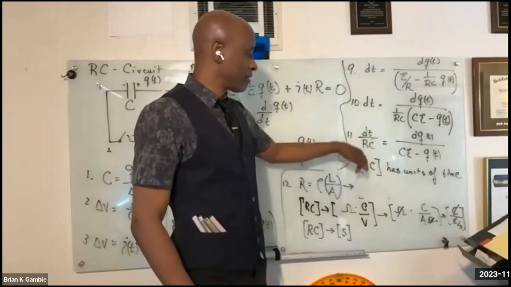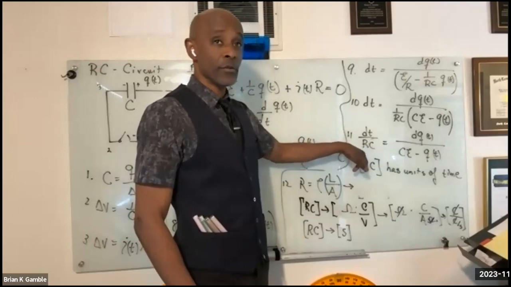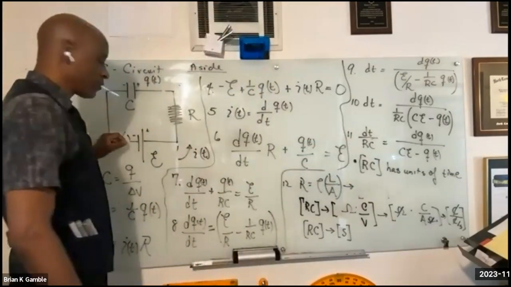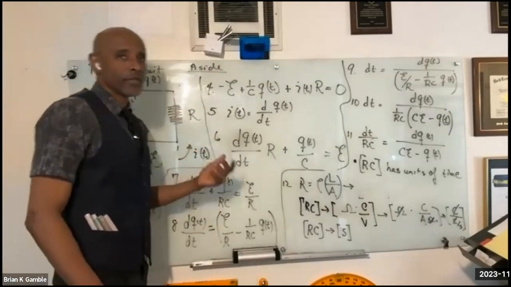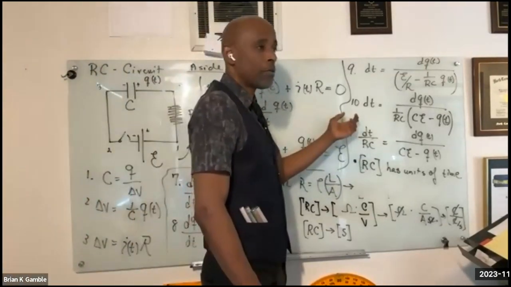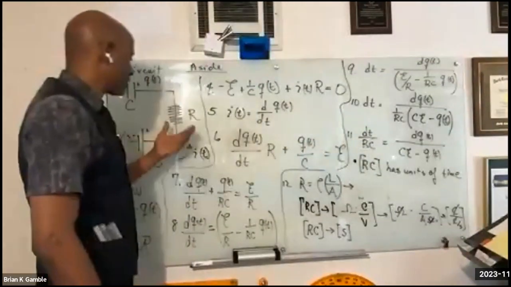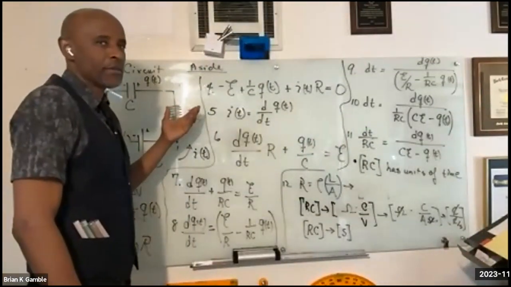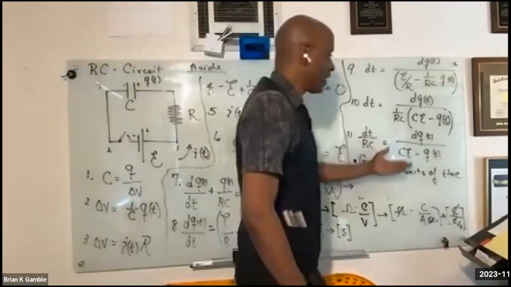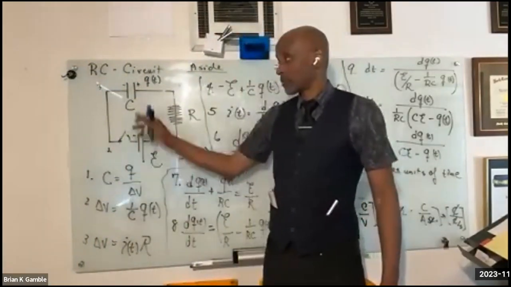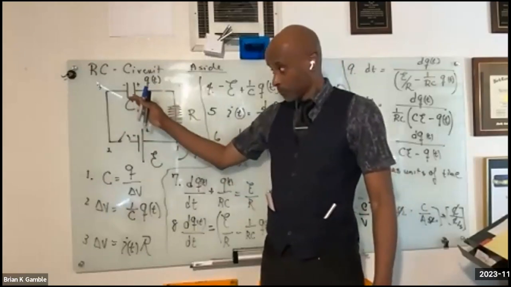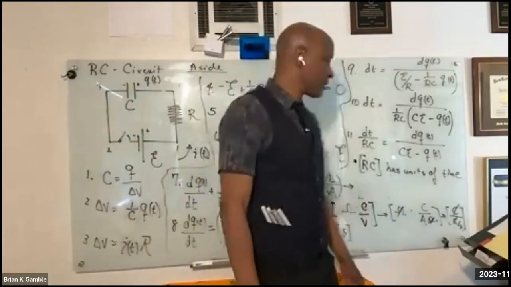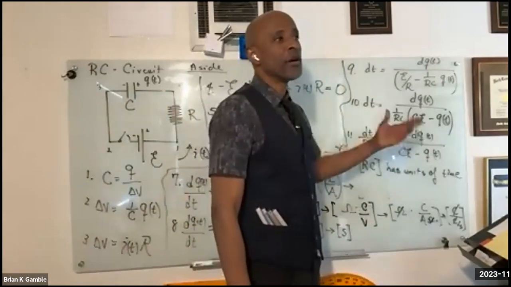The left side will go from t equals 0, as soon as I close the circuit, that's when my time starts, to some arbitrary later time. Over here, when I close the circuit, the current is a max, but the charge on the capacitor is 0, and as time passes, it's going to charge up. So I'm going to take the charge from Q naught to some later time.